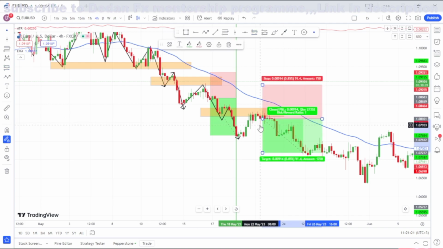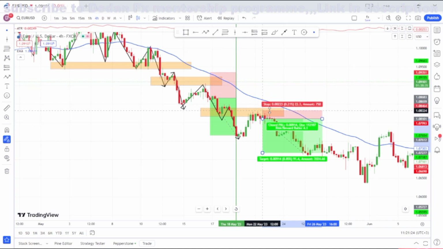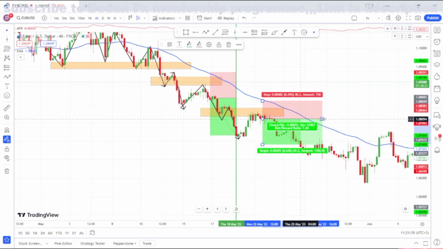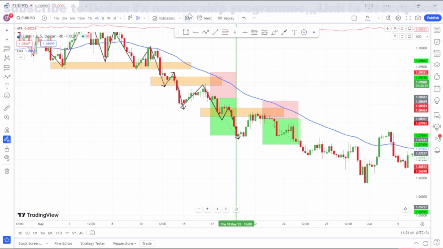After doing that, our stop loss, a 180 pip stop loss, could have been around there. Our main target we have said is a 1 to 1.4 risk reward ratio. So that one was also a beautiful trade.